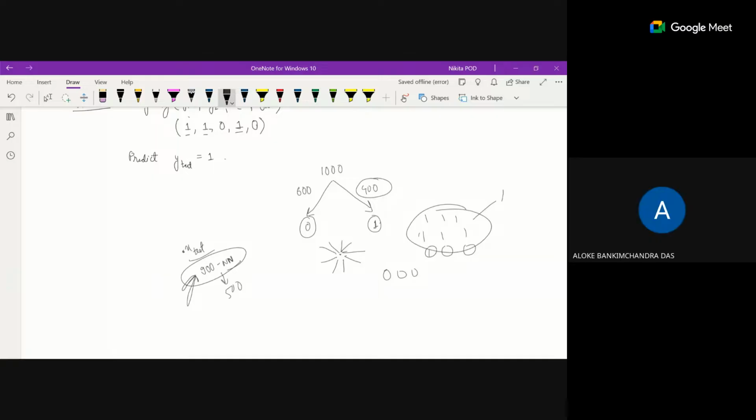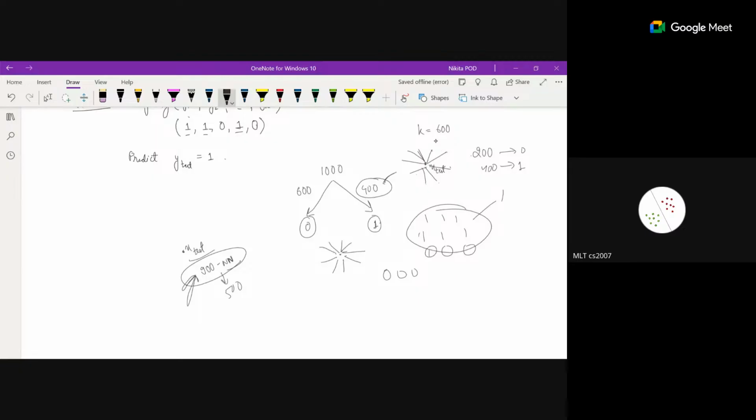If k is 600, should it be 0? Not really. K is 600 meaning that for a test data point, I look at the 600 closest neighbors. If in these 600 neighbors I get all 400 neighbors labeled plus one, then the remaining 200 come from 0 and 400 come from 1.